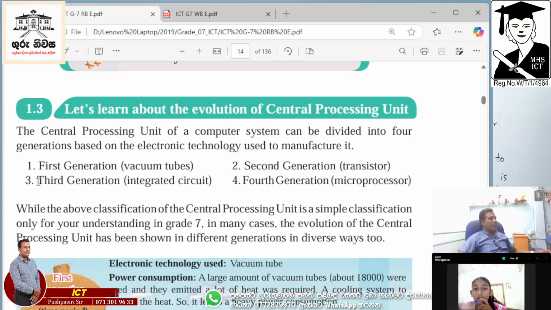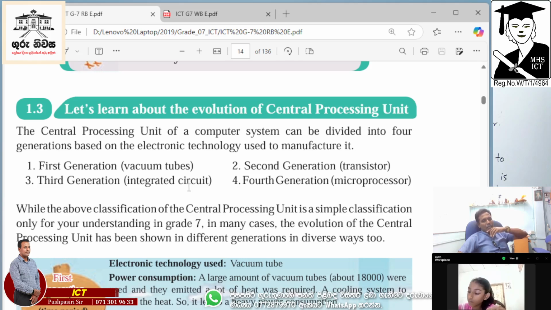Third one is third generation, within bracket, integrated circuit. Integrated, integrated circuit. Circuit.